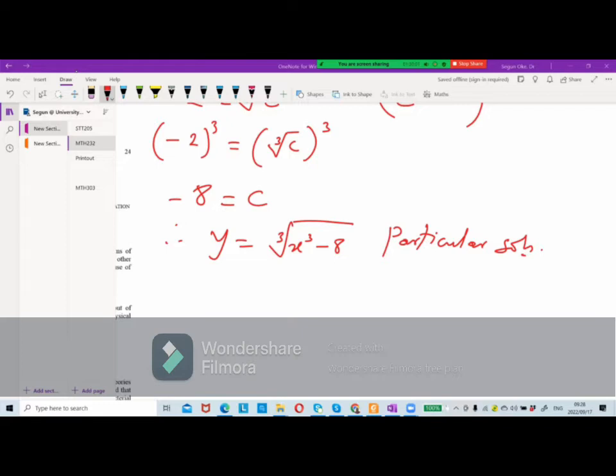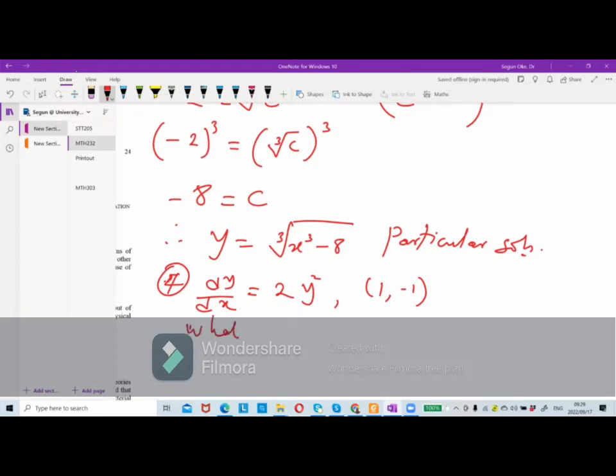Let me give you number 4. Let's say dy/dx equals 2 raised to power y, and you have a condition of (1, -1).